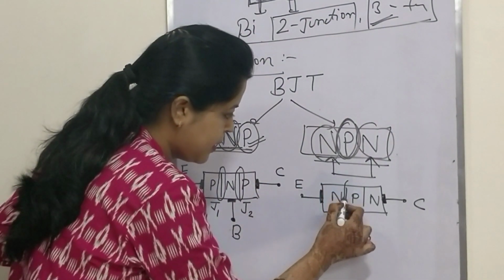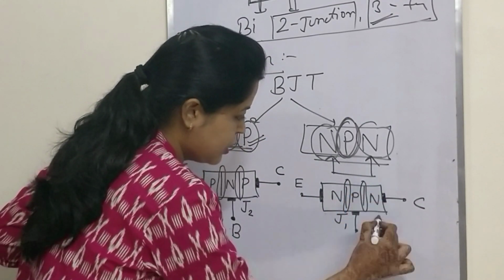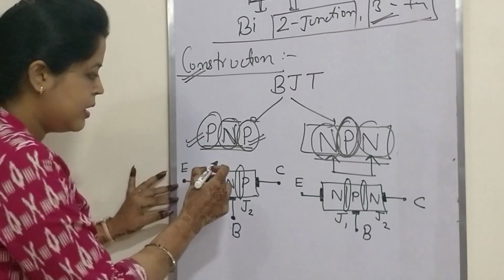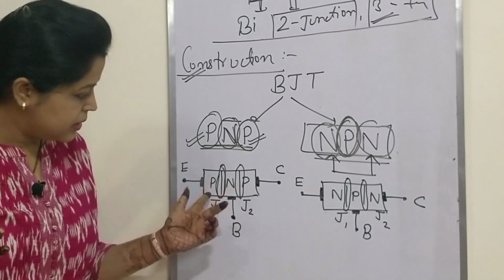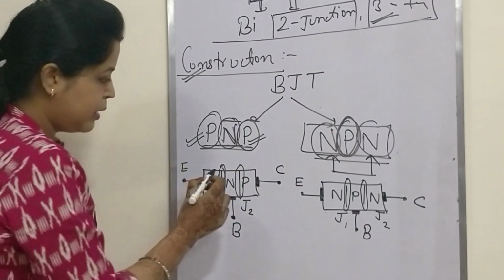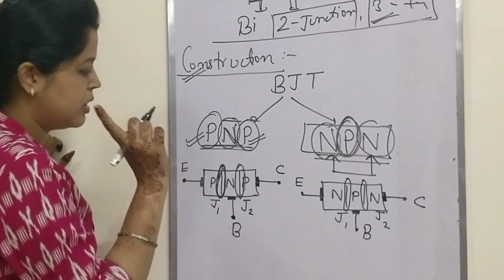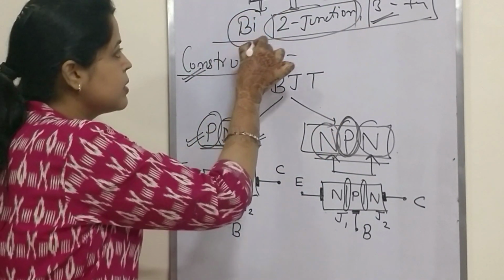Similarly, this is J1, first junction, and this is J2. Junction is nothing but a simple section where two types of semiconductors combine at a particular section. This is junction, this is also junction. That's why two junction.